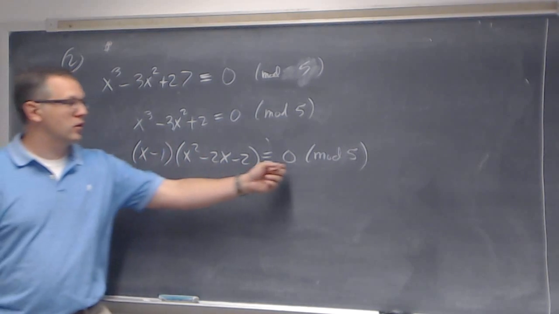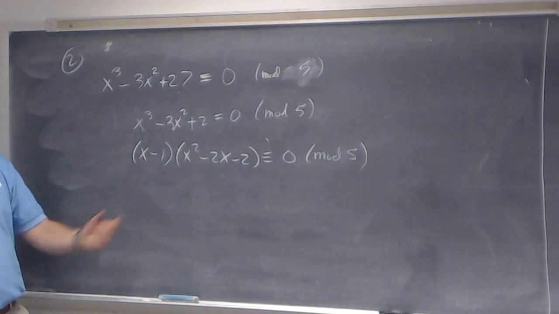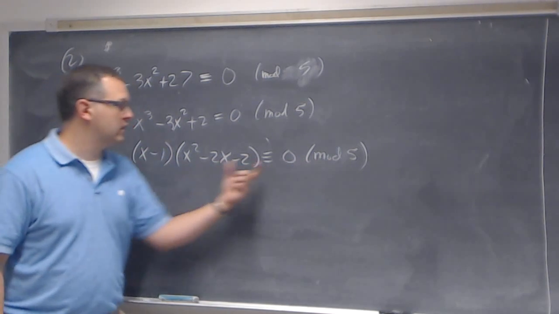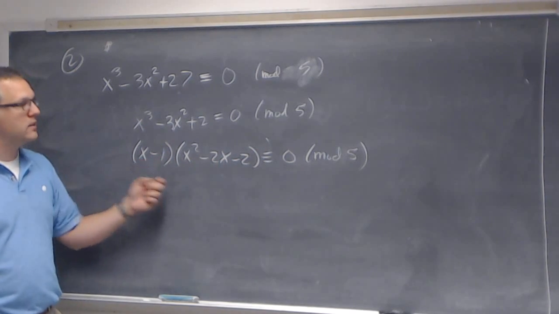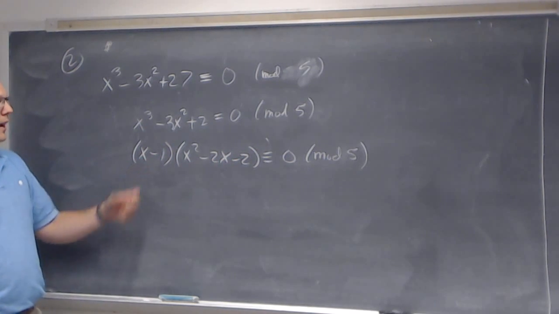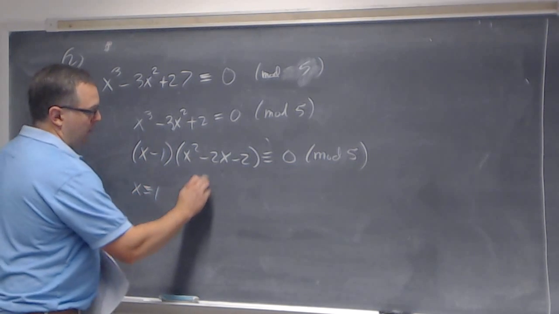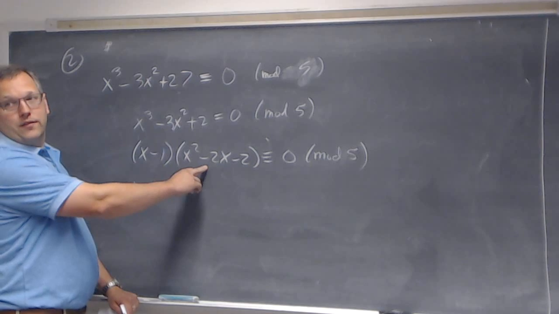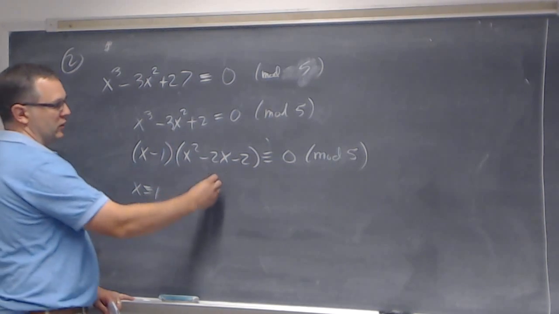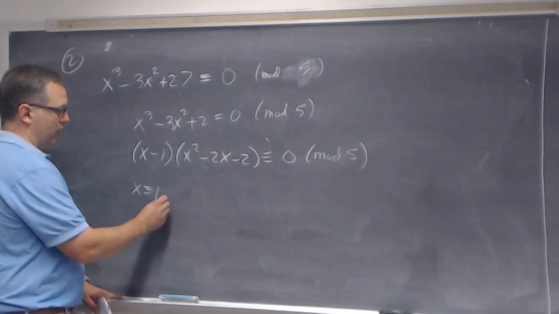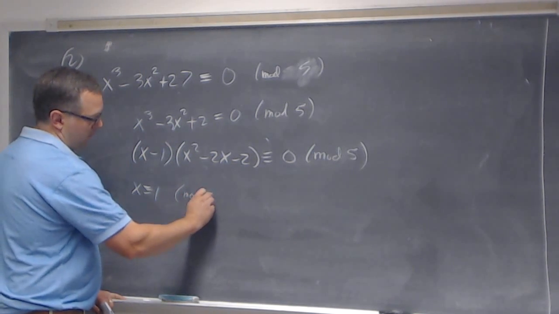If this times this is 0 mod 5, then by Euclid's lemma, if a prime divides a product, then the prime divides one of the factors. So you can set each one equal to 0. You get x equals 1, but the other factor has no solutions mod 5. So the only solution, again, is x equals 1 mod 5.